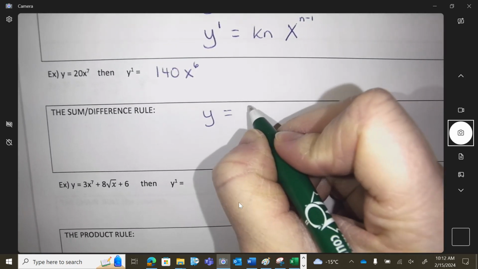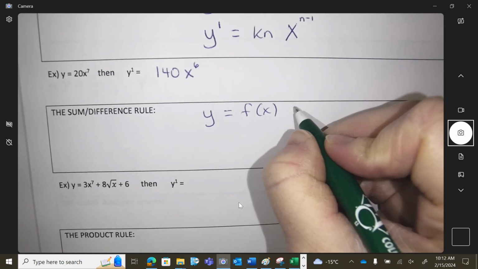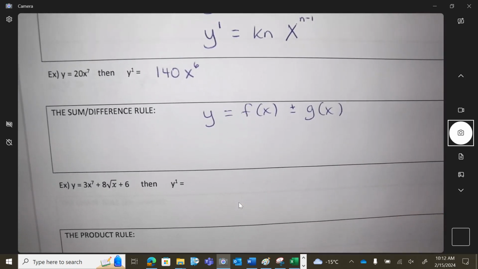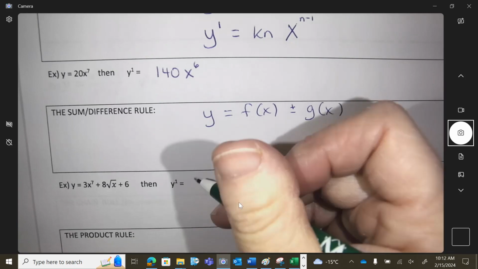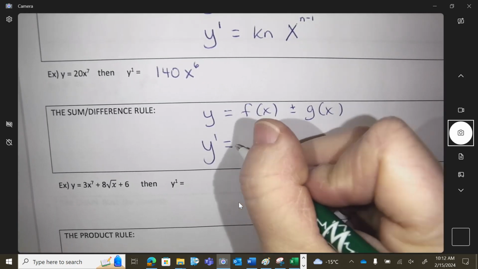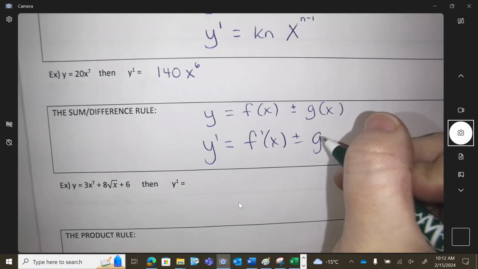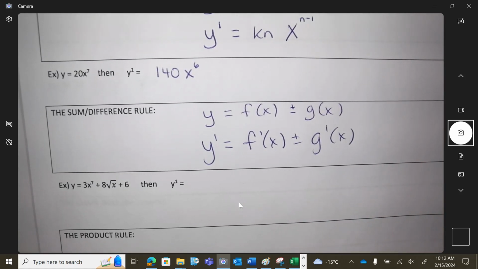So if you have an equation of a few things, you might add this or subtract something, then when you derive it, it's just the derivatives. You just take the derivatives and add them together.